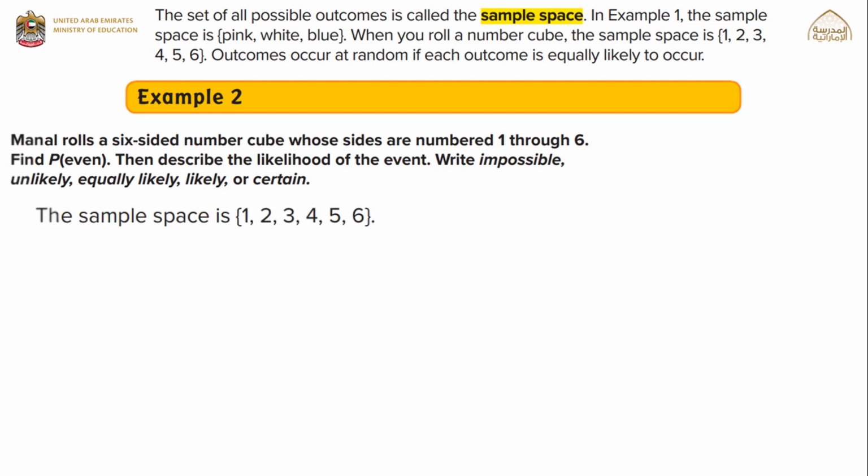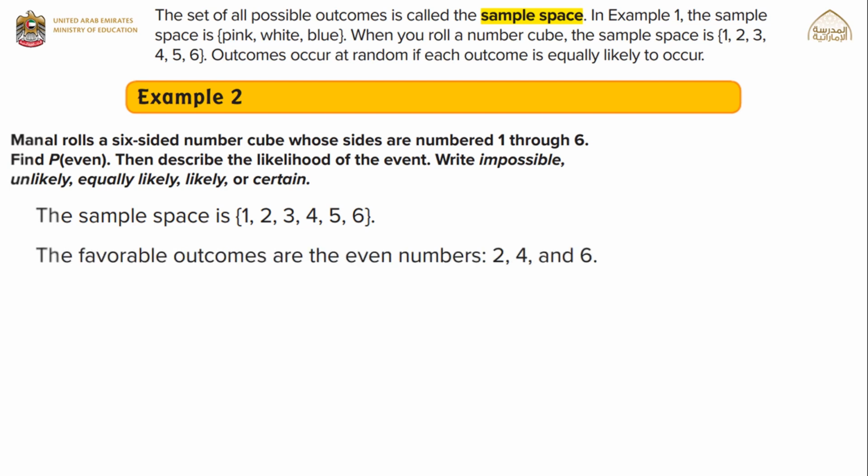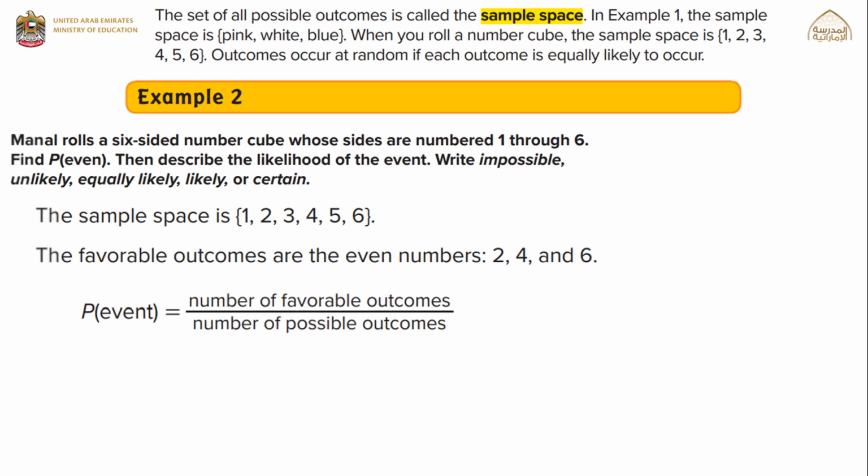The sample space is 1, 2, 3, 4, 5, 6. The favorable outcomes are the even numbers, which are 2, 4, and 6. These are three values, so the probability of even is the number of favorable outcomes divided by the number of possible outcomes: three values divided by the total sample space, which is 6.